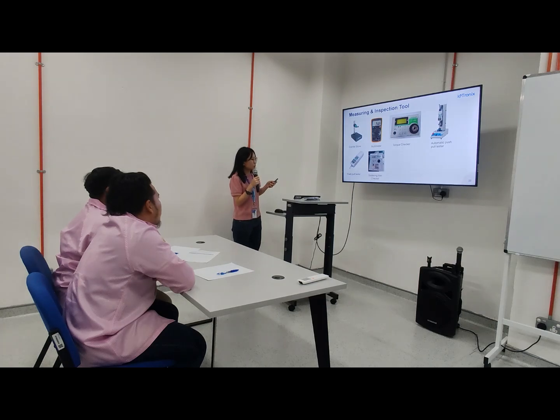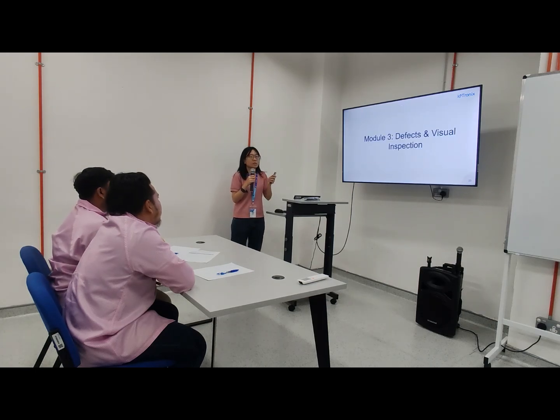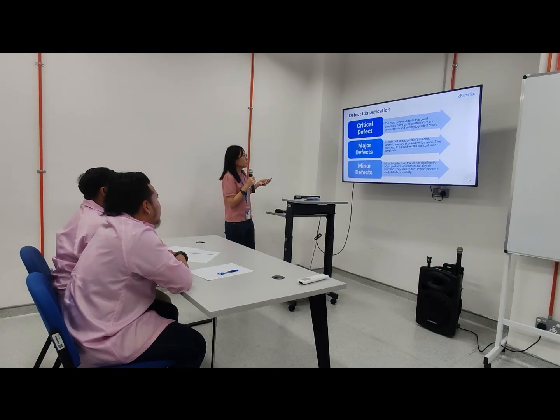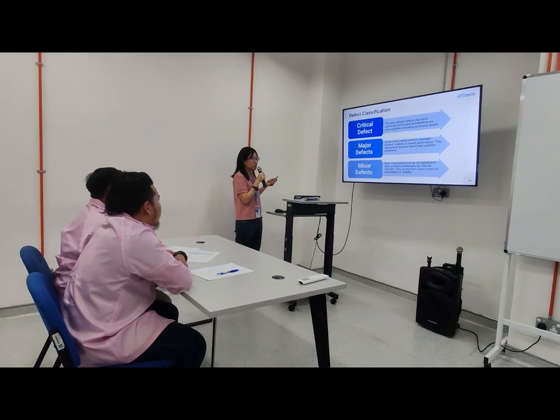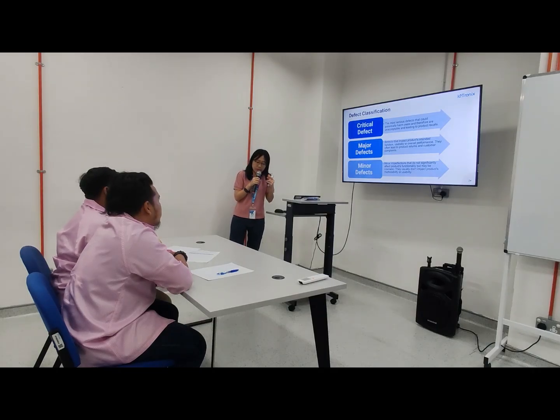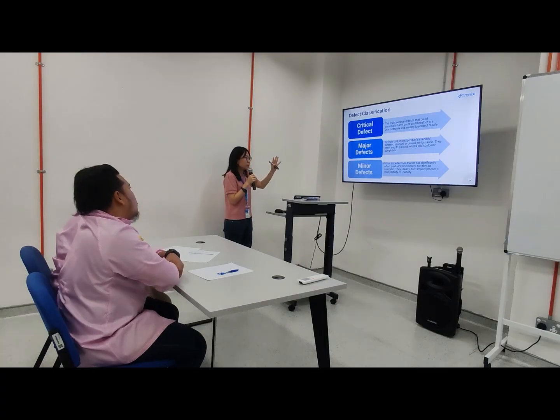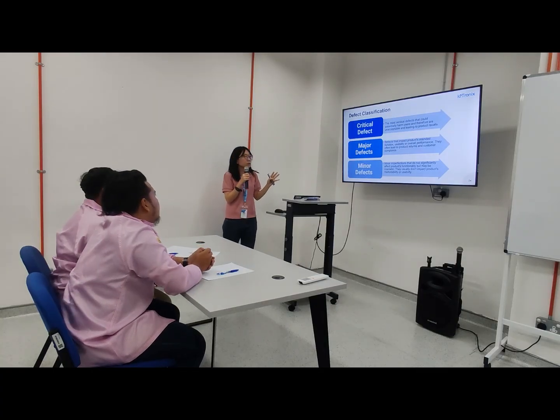Okay. Next, module 3, defect and visual inspection. Okay, defect classification. What are the types of defects? Normally we will categorize them into three main types, which are critical, major, and minor.